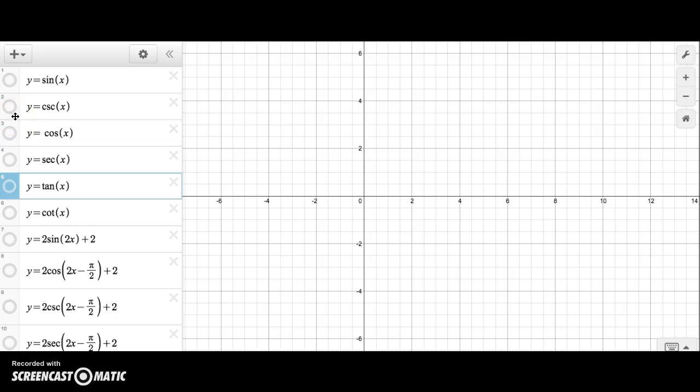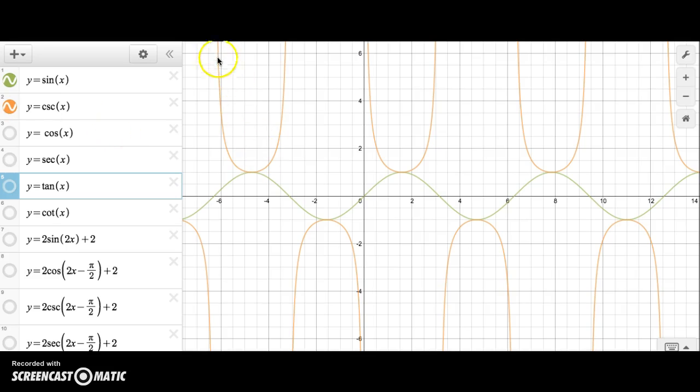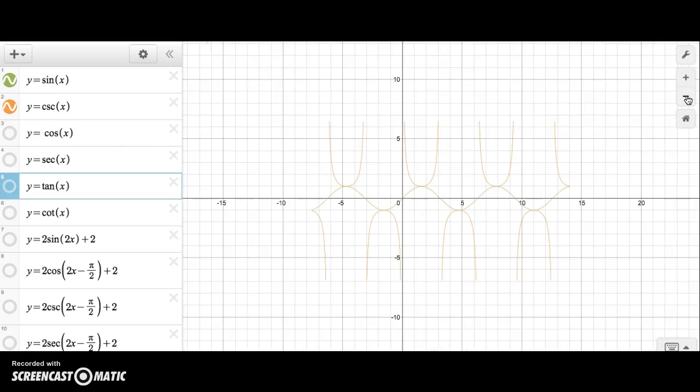Now we're going to talk about secant and cosecant. So first we're going to start with cosecant. If you look at your sine graph, you see you have these waves, or crests and troughs. If you do cosecant, which is 1 over sine, you get these orange graphs, these parabola looking shapes.